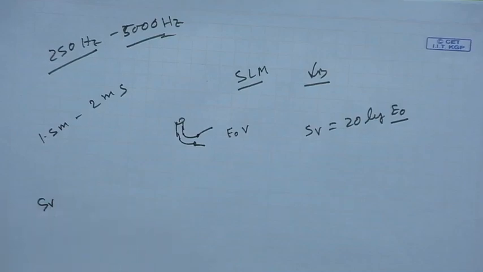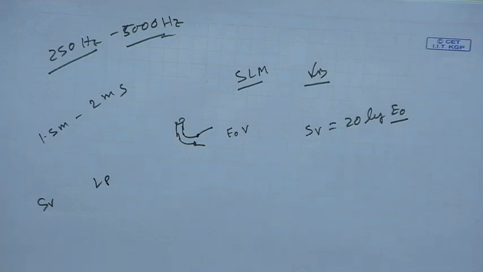Now, let us take one condition: I have taken a microphone, and in the data sheet the microphone sensitivity is written as SV. Now, instead of 94 dB SPL, I measure at this point a sound pressure level of LP. Now, if I expose this microphone to an LP sound pressure level, how much electrical voltage should it produce at the two ends? Understand?